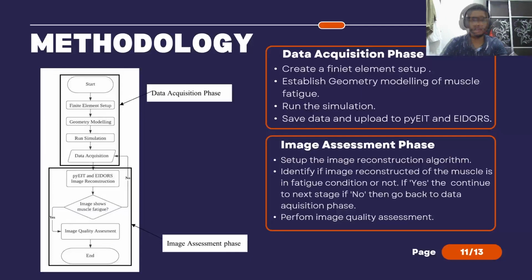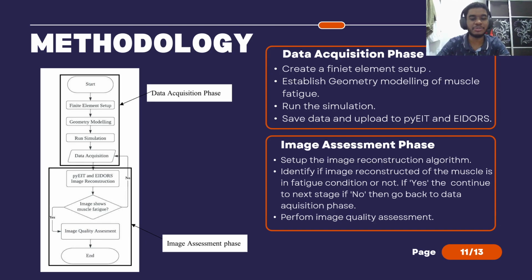Now the methodology is divided into two parts. One is the data acquisition phase and the other is the image assessment phase. The data acquisition phase will all be implemented in the COMSOL software, and it is used to create the data.